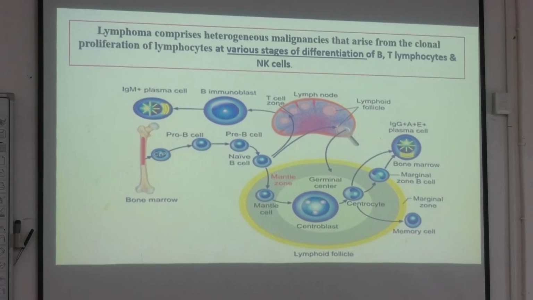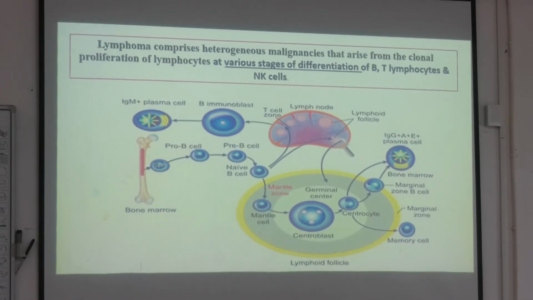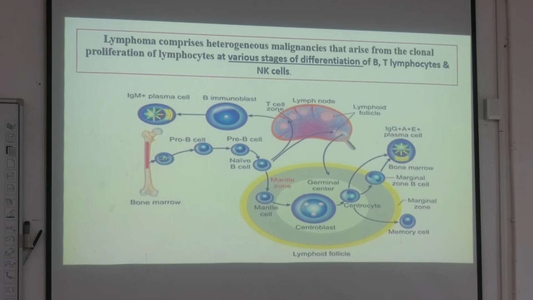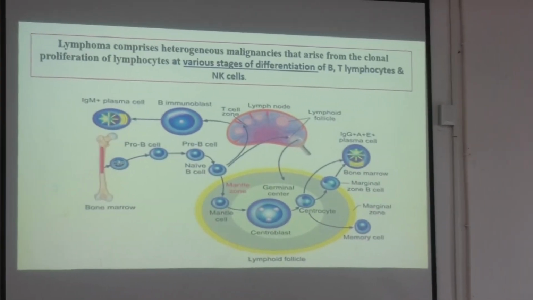The different levels of lymphocytic differentiation of lymphocytes: B lymphocytes, T lymphocytes, and NK cells.